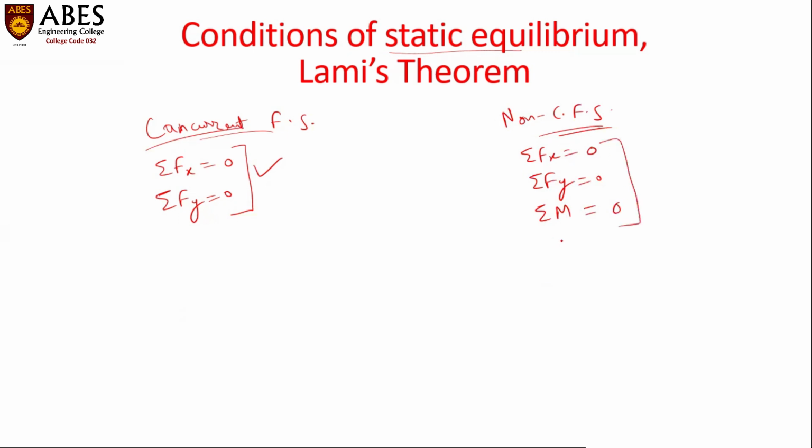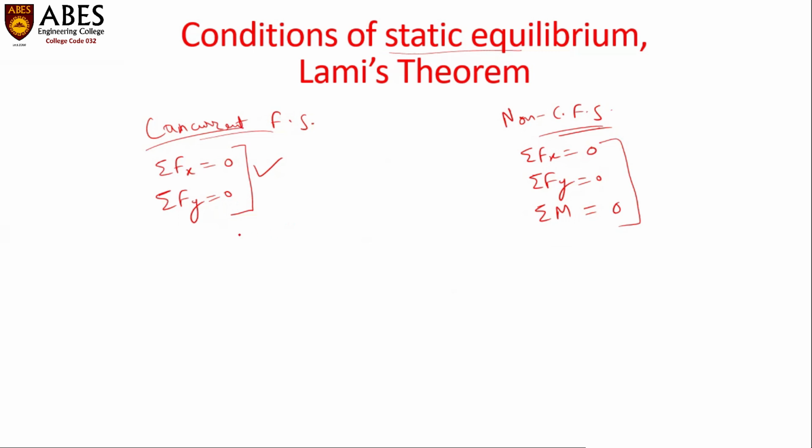These three conditions must be there to make sure that the object will not move. There will be no translatory movement, and no rotatory or angular displacement. No movement will be there. So to make sure of this, we need these conditions for a non-concurrent and those conditions for a concurrent force system. These are called the conditions of static equilibrium.